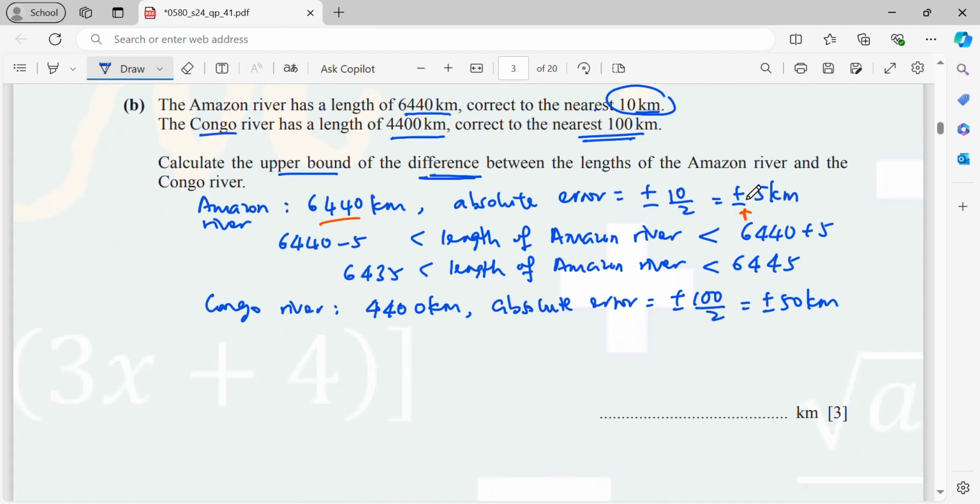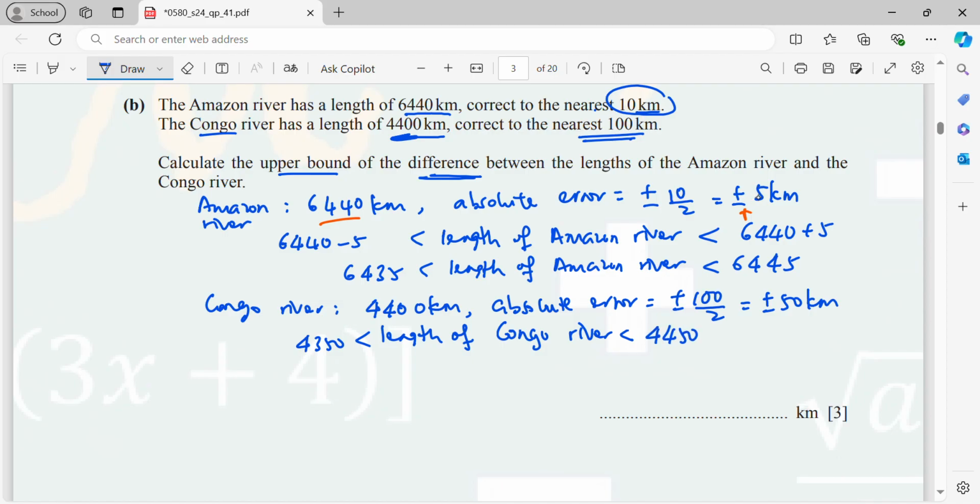Then from here, I will say that the length of Congo River is between 4,400 minus 50, so here I will write 4350, and the other one is 4450.